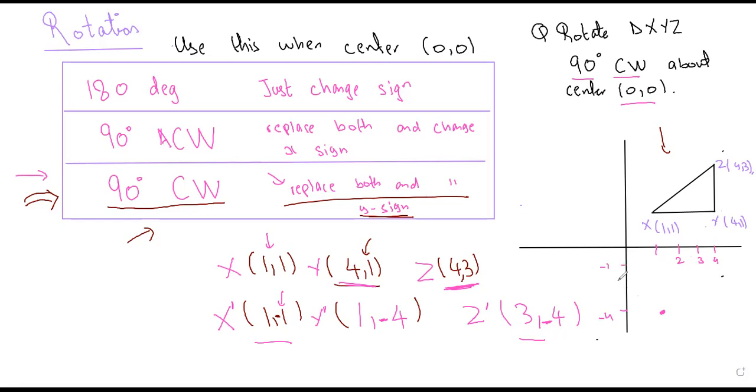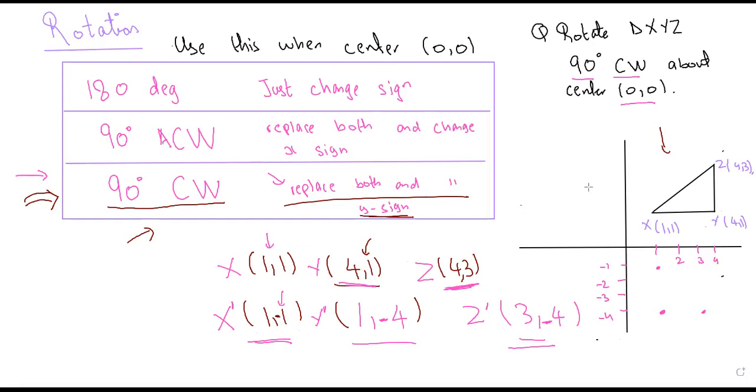This is -1, -2, -3. Okay. So the first point is 1, -1. It would be this one. The second one is 1, -4. We have already plotted that. And then the last one is Z, 3, -4. So it would be somewhere here.